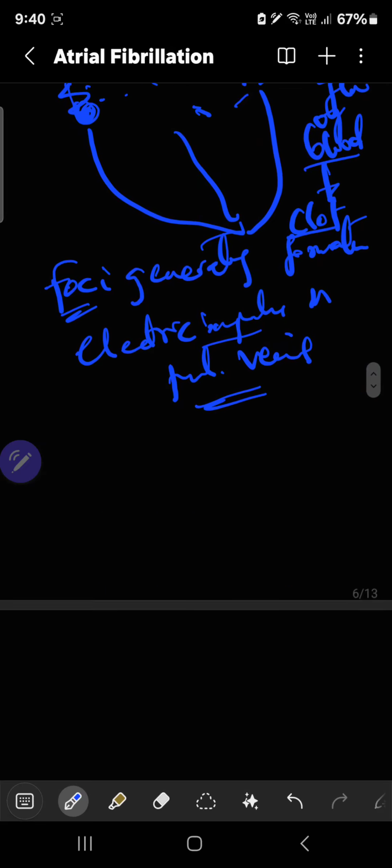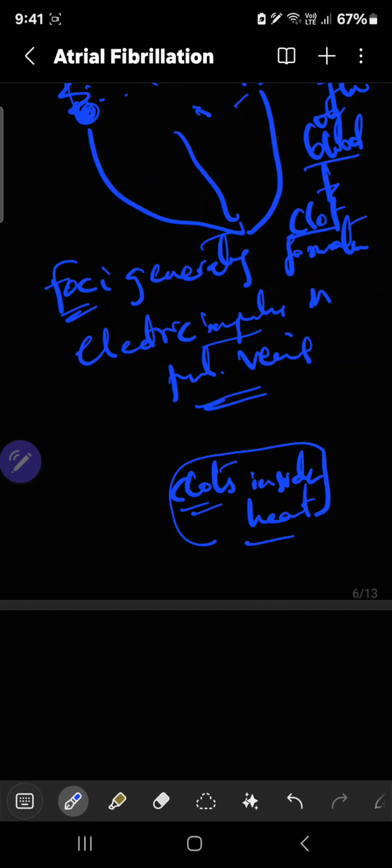So what happens if you don't treat the AF? The patient will be landing up with clots inside the heart, and these clots will travel to the brain and cause ischemic stroke.